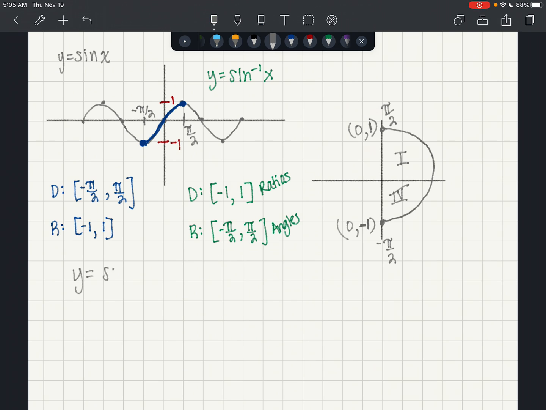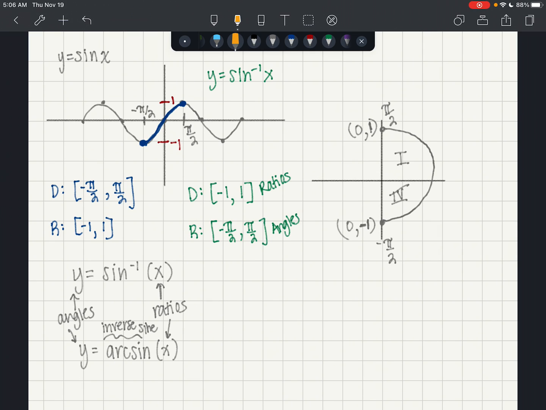So when we have y equals the inverse sine of x, we input ratios and we get out angles. Same is true if we were to write this with the term arcsine. Arcsine is just another way of saying inverse sine. But what that inverse does is it puts in ratios and you get out angles.